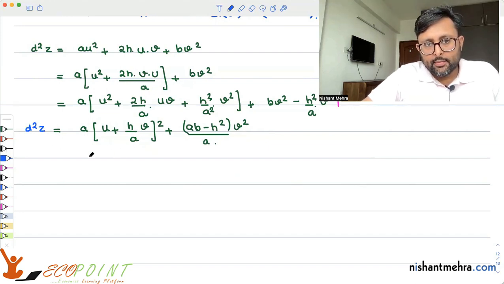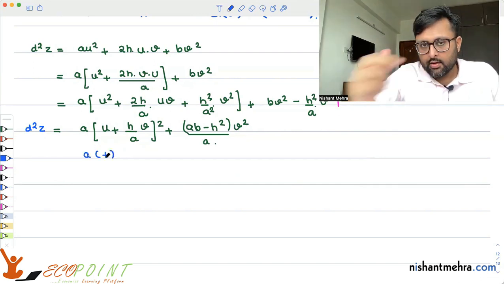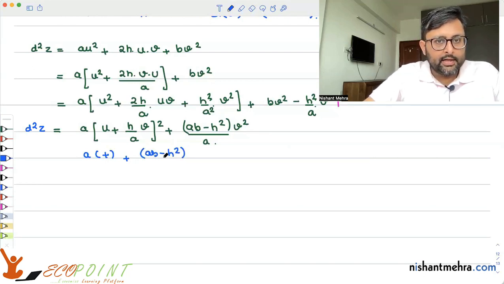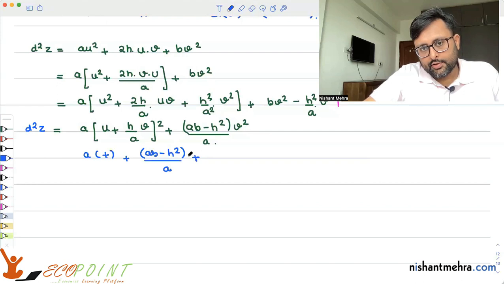But this is a square, so a into something positive, right? Plus this term ab minus h square. We don't know whether it is positive or negative, because ab can be greater than h square, ab could be less than h square, and we also don't know the sign of a, let's say, and this thing is positive.